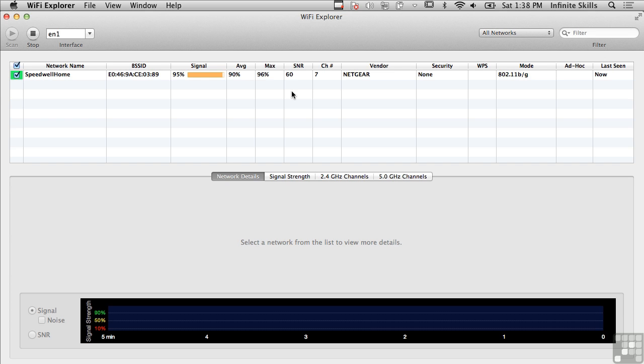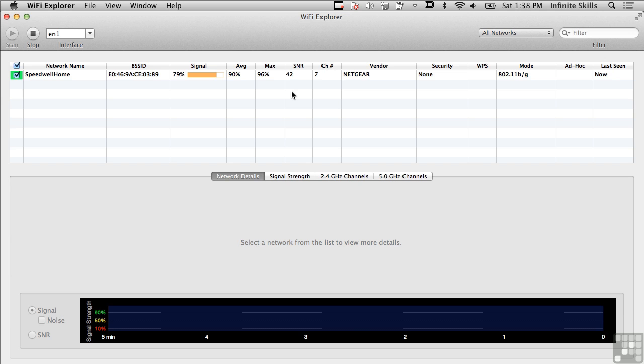Although there are new standards being worked on, there's currently one called 802.11ac that supports up to 866 meg for transmission speeds. And there's additionally one called 802.11ad that's in a draft stage now. It's also called WiGig, and that will support transmission speeds up to 7 gigabits per second.